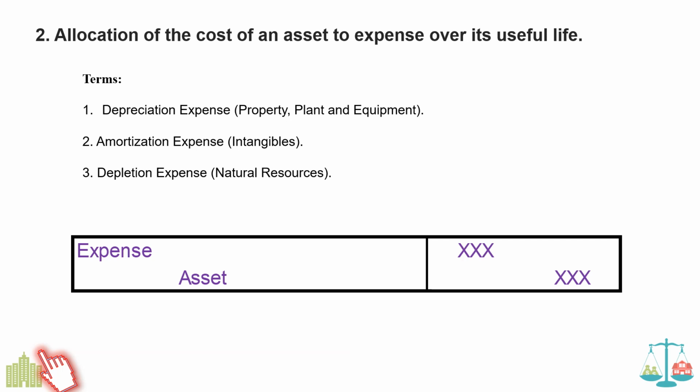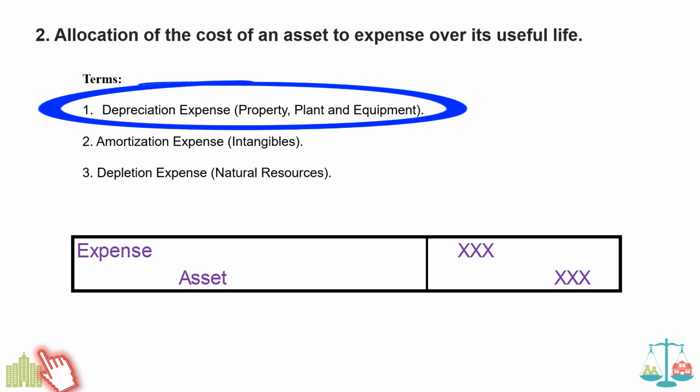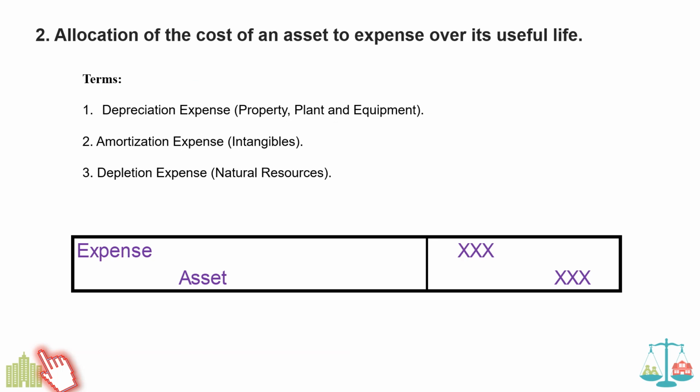Now, the business terminology that we use to reflect this allocation of the capitalized cost to expense over its useful life: if it's property, plant, and equipment, we call it depreciation expense. If it's an intangible asset, the allocation of the intangible asset's cost over its useful life to expense is referred to as amortization expense.